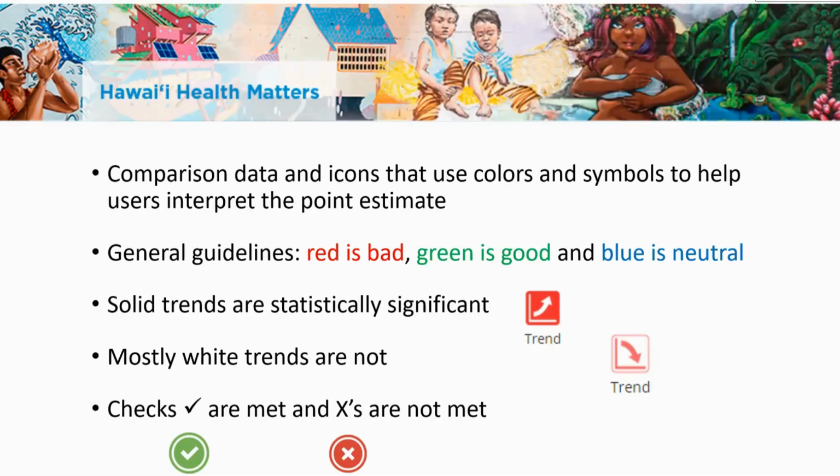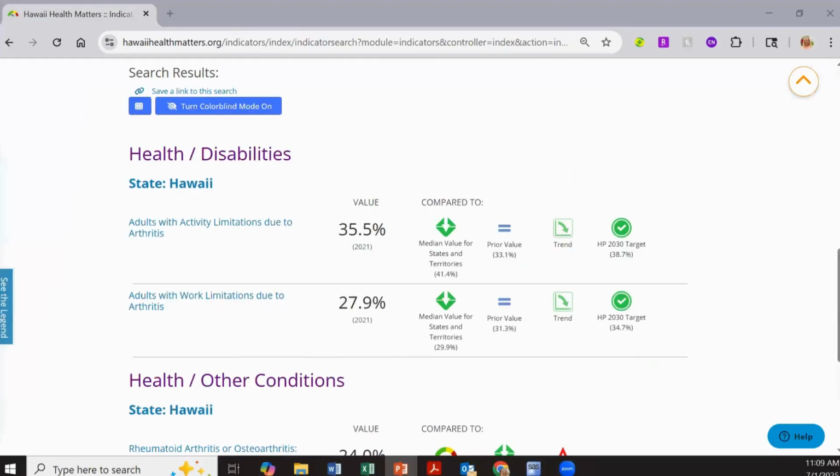So in general, red is bad, green is good, and blue is neutral. When you see a solid box with an arrow, that tells you there's a statistically significant trend. When the box is white, it's a trend, but it hasn't reached statistical significance. And many of the indicators on HHM also have target values, and you can see which ones have been met with the green check and those we still need to work on with the red X.